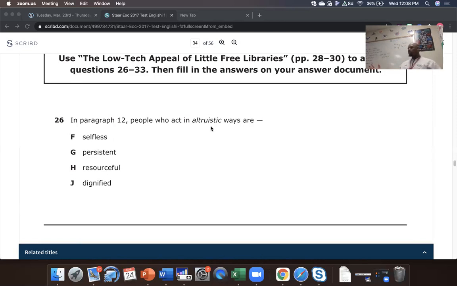Altruistic really means just that, I mean what I say. There's no ulterior motive behind what I'm doing. I'm doing this for other people, not for myself, right? So that's a good job. Now, again, utilizing this strategy, we've done 4 questions, 5 questions, and you've gotten all of them correct.